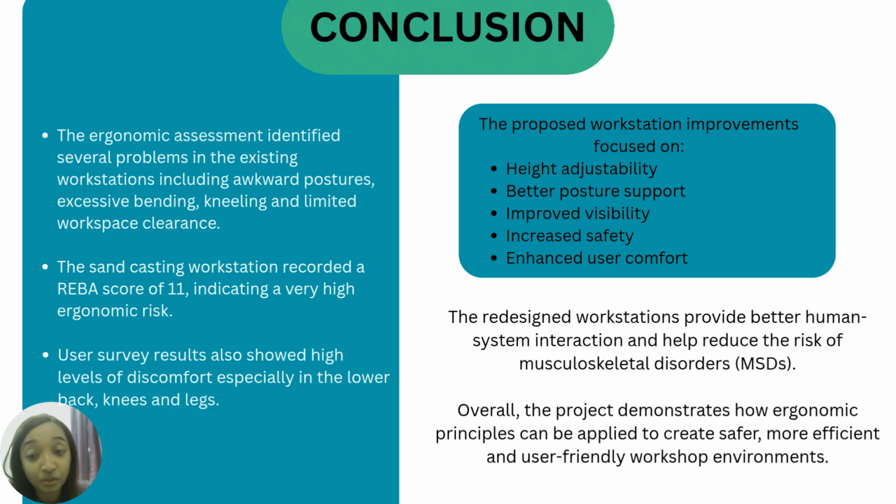The user survey results also showed high levels of discomfort, especially in the lower back, knees, and legs. The proposed improvement successfully addresses these issues by improving postures, safety, comfort, and operational efficiency.